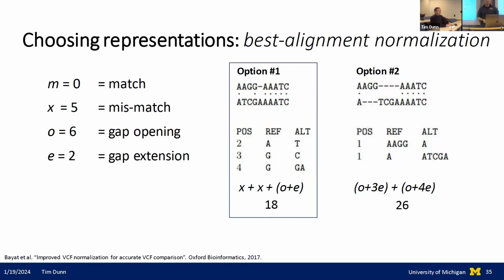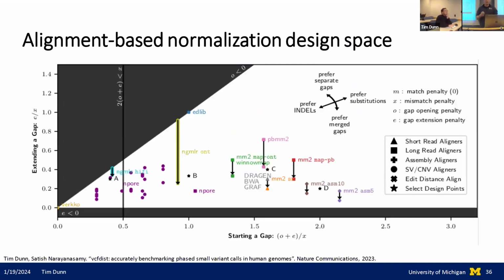Okay. So moving on, this slide has a lot going on, but basically the whole point is to show that there is a whole range of values that you could choose for your parameters: gap opening, extension, and substitution. On the x-axis, we have the penalty for starting a gap relative to the cost of a substitution.